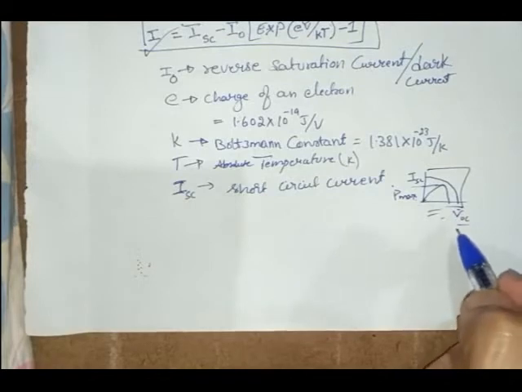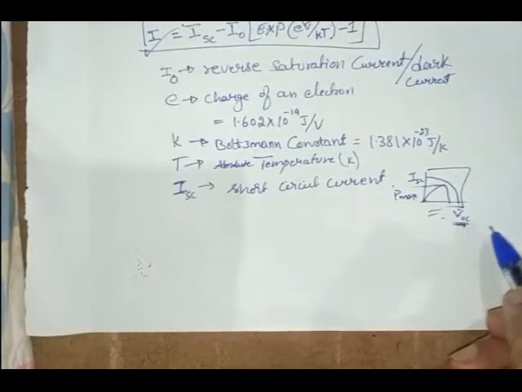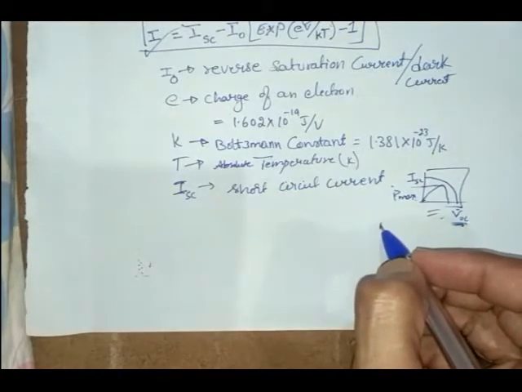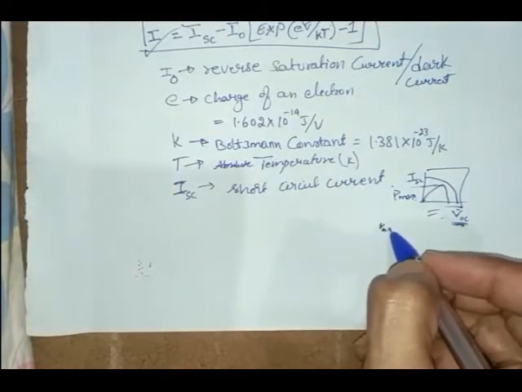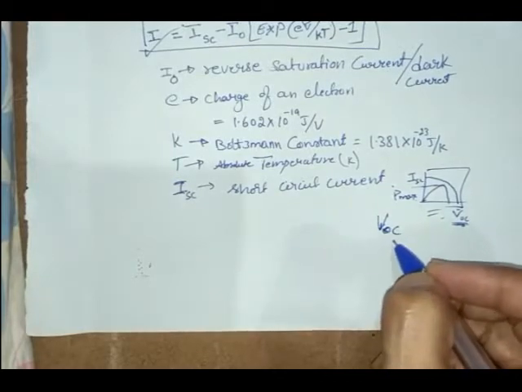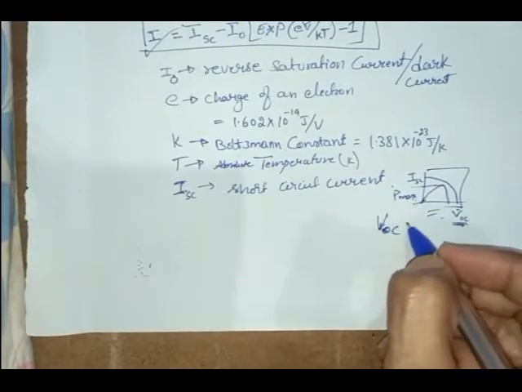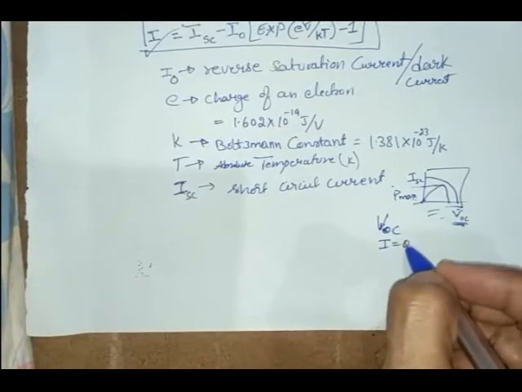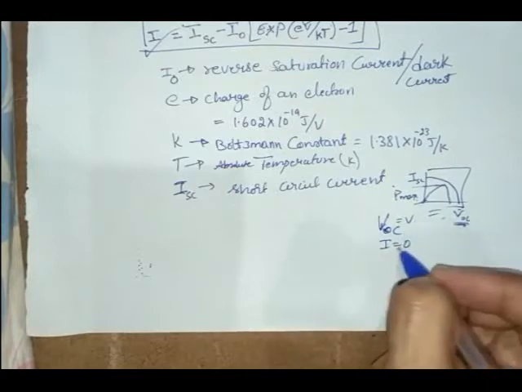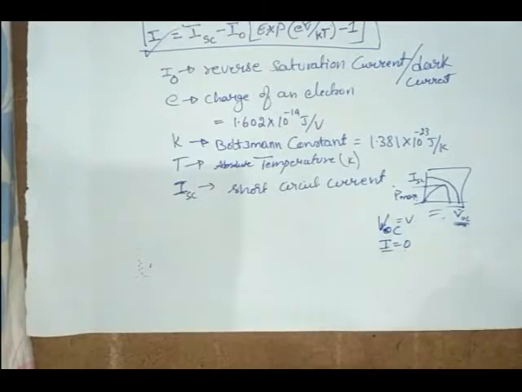So here we see VOC, that is open circuit voltage, and for open circuit voltage VOC we have current I is equal to 0. So this is voltage V and this is current I equal to 0.